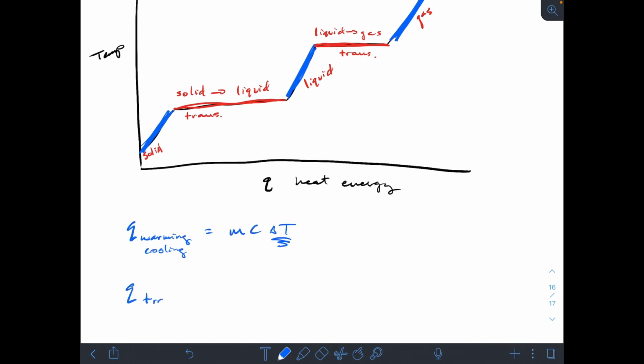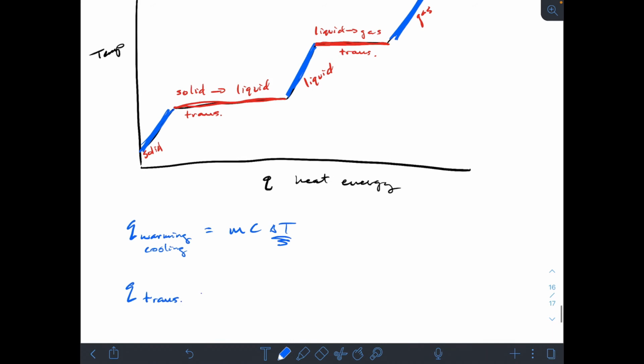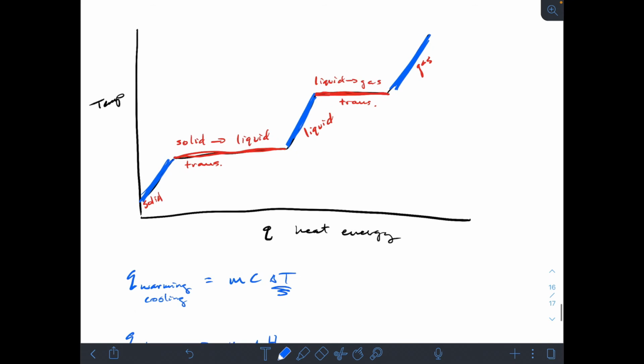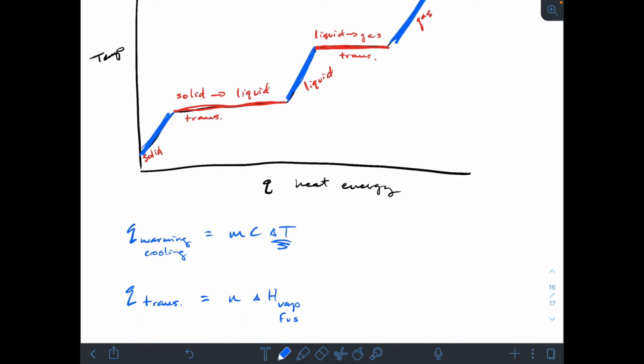Our Q for a transition, say from liquid to gas or solid to liquid, is nΔH. And that may be ΔH of vaporization or fusion. Depending on where you are in your diagram, you're going to use different equations.